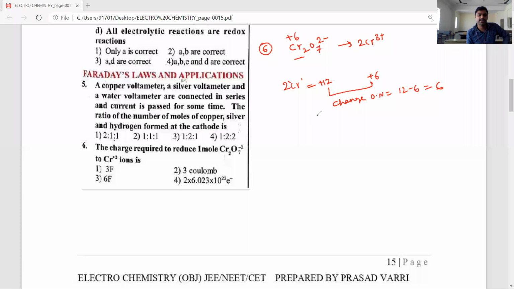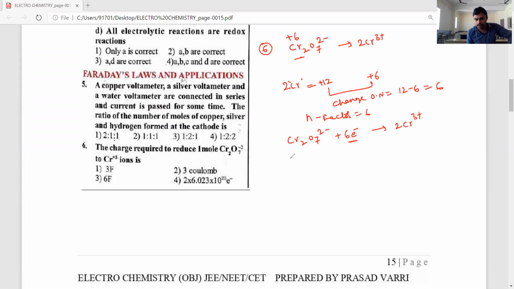So in this case the n factor is equal to 6, which means Cr2O7 2- accepting 6 electrons is converted into 2 Cr3+. If it is accepting electrons, the oxidation number decreases.